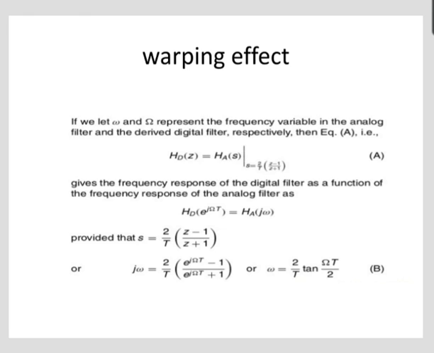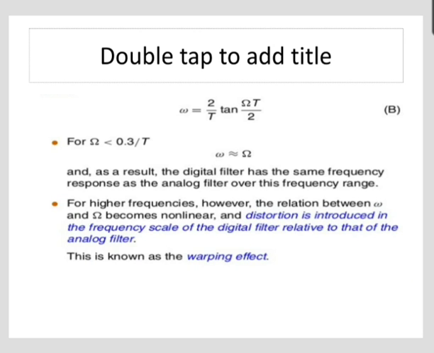Again, z is replaced by e^(jΩT). So the equation will be ω equal to 2 by T tan(ΩT by 2). So this is the equation.